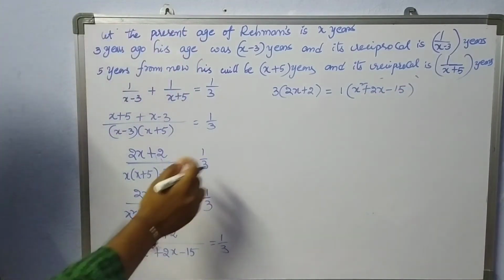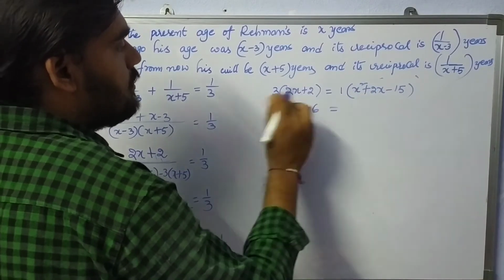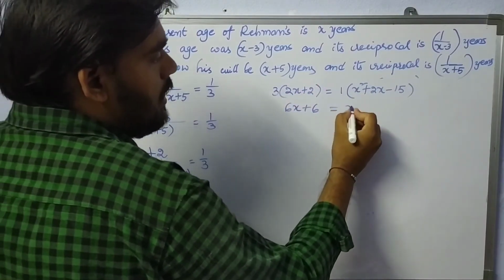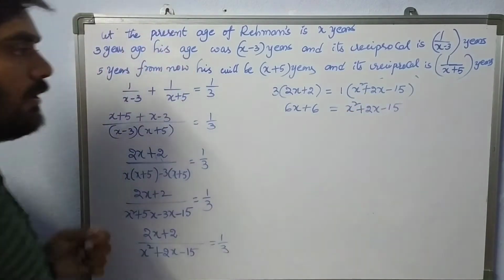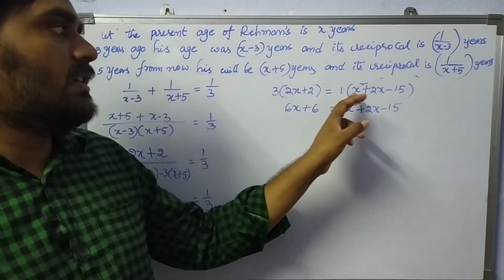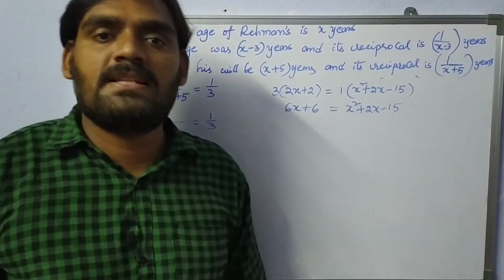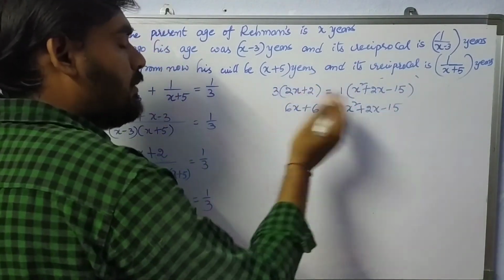Do cross multiplication. So here we will get 6x plus 6 is equal to x square plus 2x minus 15. If you multiply with 1, you will get the same thing. Now you need to get each and every term before the equals sign.